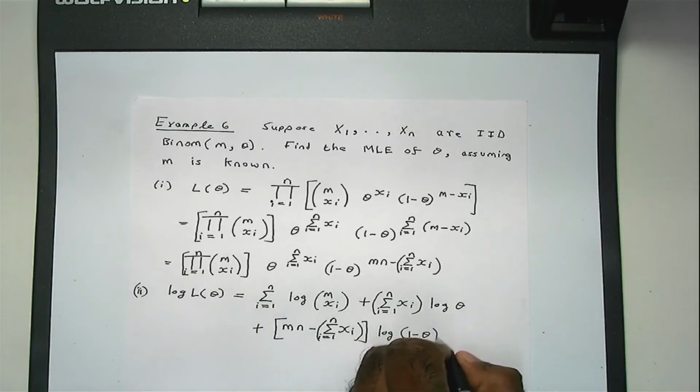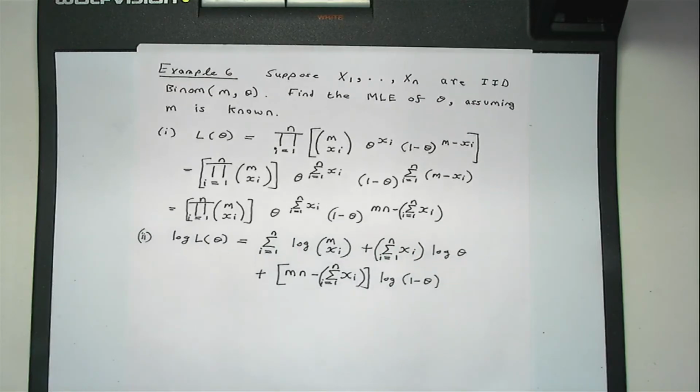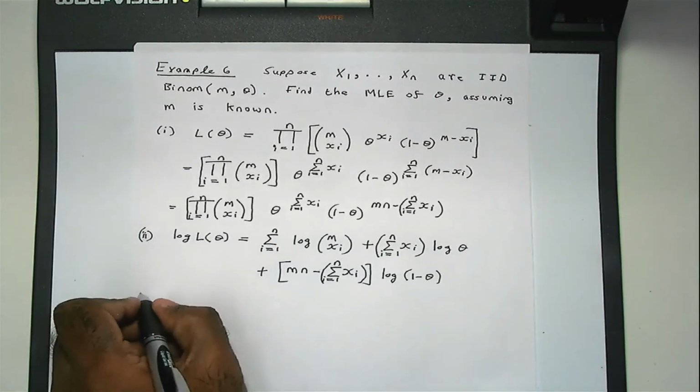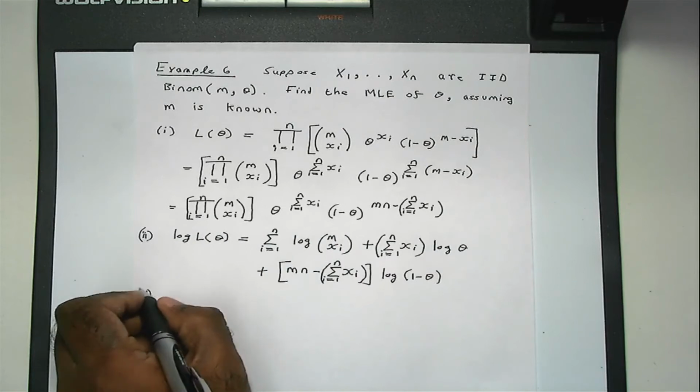So this is the log of the likelihood function. And the next step is to take the derivative of this with respect to theta.